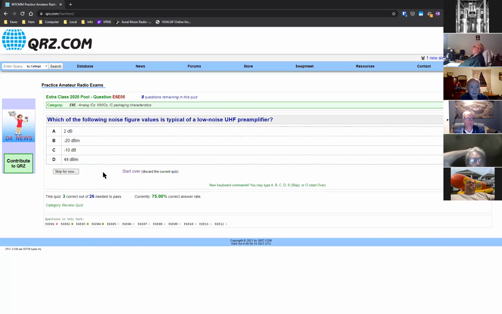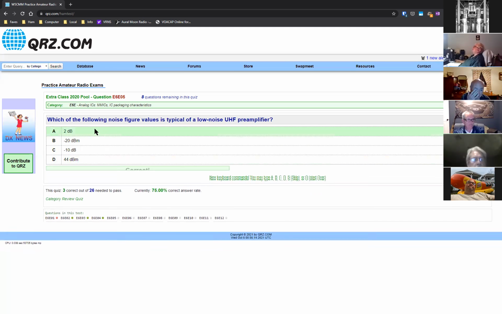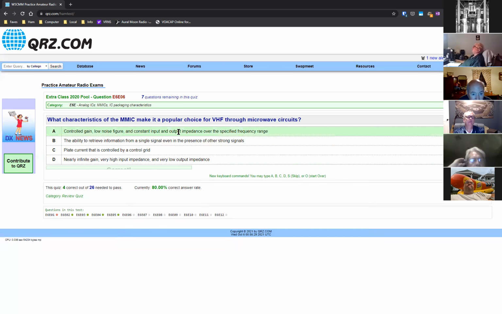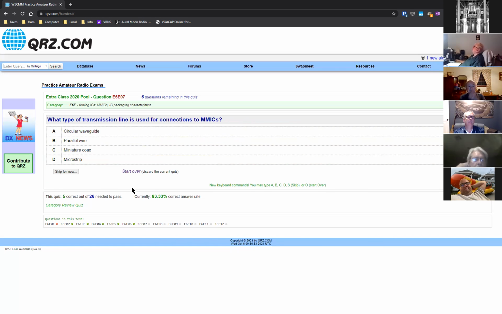Which of the following noise figure values is typical of a low noise UHF preamplifier? A. Yeah, A, 2 decibels. What characteristics of the MMIC make it a popular choice for VHF through microwave circuits? A. Yeah, A. What type of transmission line is used for connections to MMICs?